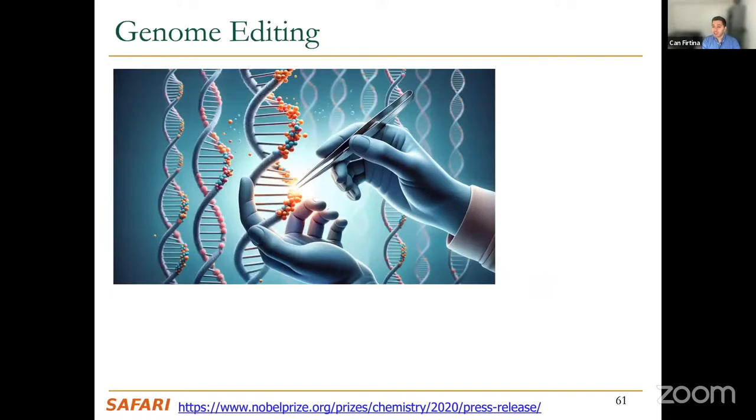Right now, we can pinpoint particular bases in your DNA, and we can, let's say, cut those bases in your DNA so that you can switch off the functionalities that you don't want, or even maybe switch on certain functionalities. There are newer technologies that let us insert the bases that we want in the genome, so that we can have the particular functionality.